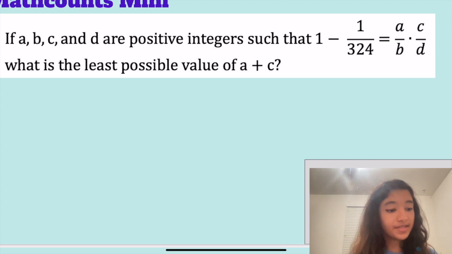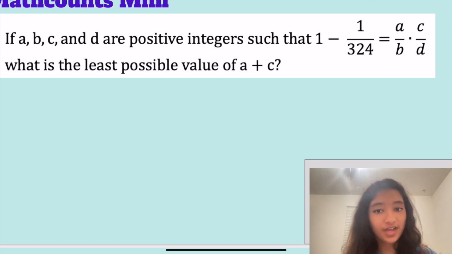If a, b, c, and d are positive integers such that 1 minus 1 divided by 324 is equal to a divided by b times c divided by d, what is the least possible value of a plus c? This is another time where it's very important to recognize your squares.